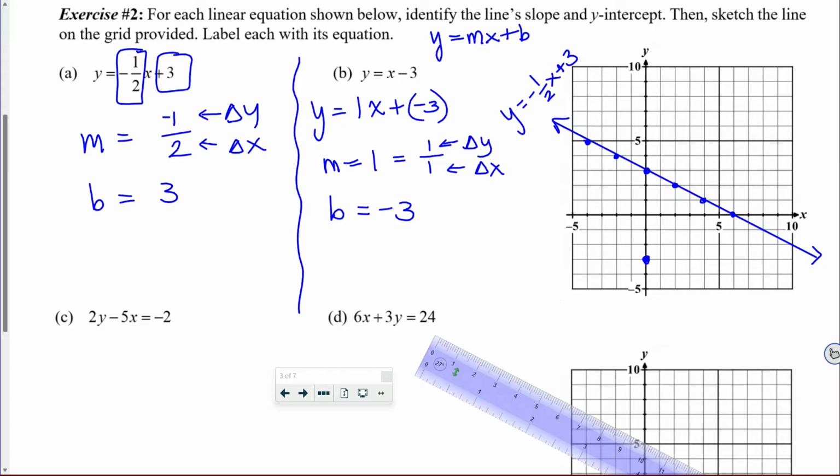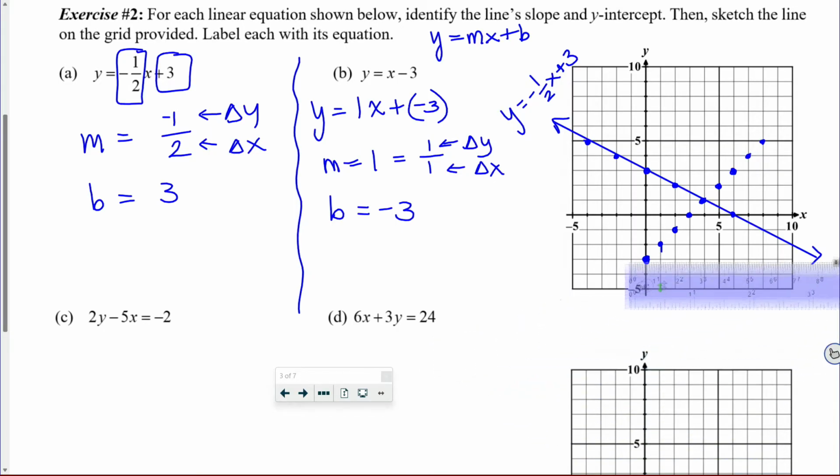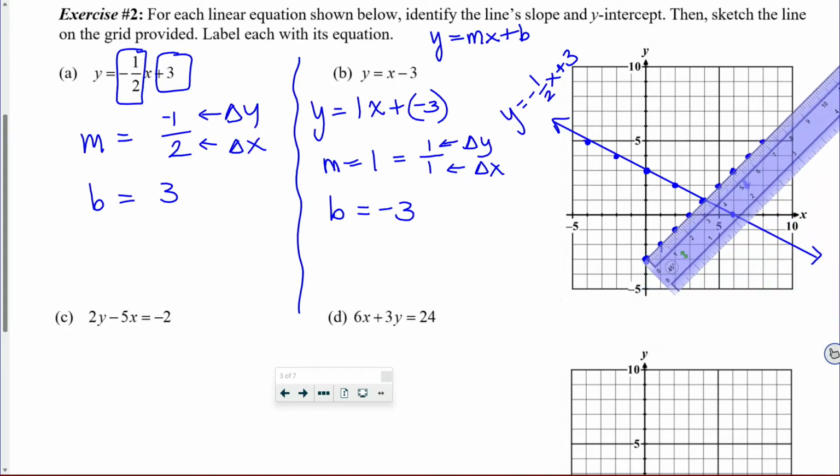So up 1 and to the right 1, up 1 and to the right 1. A slope of 1 is so common, it makes us just basically move along the diagonals of our squares in our grid, right? Up 1 over 1, up 1 over 1. And then that results in the following line.